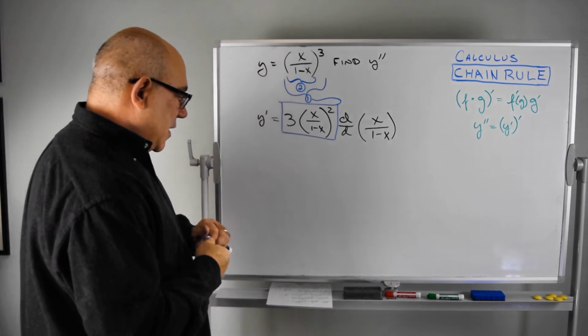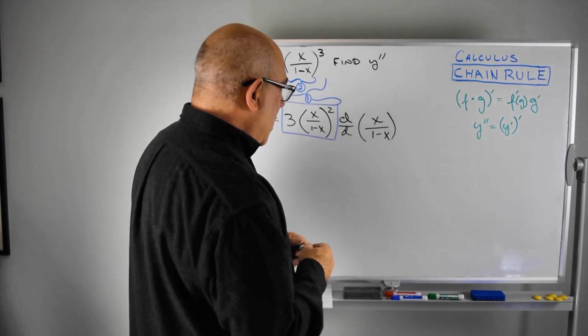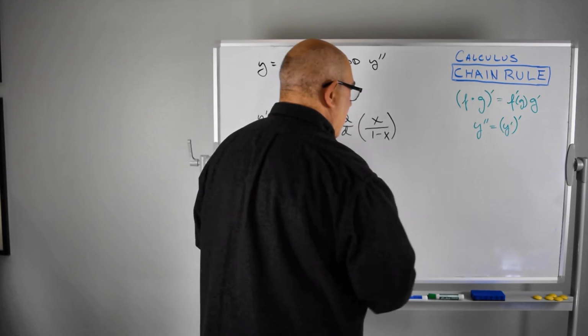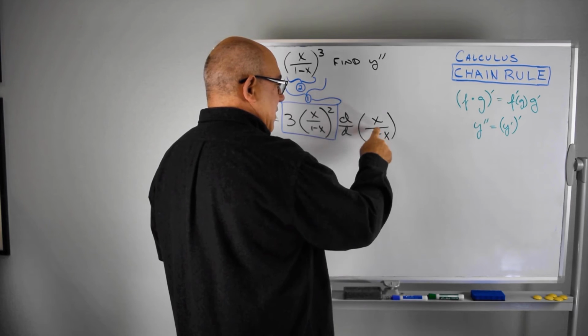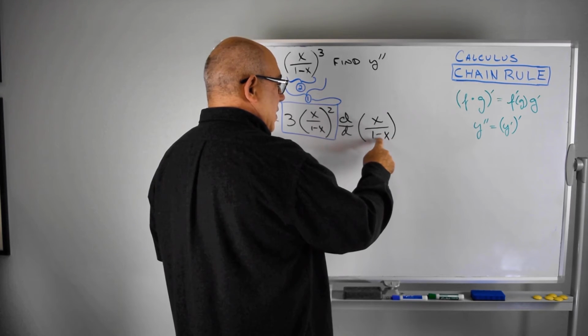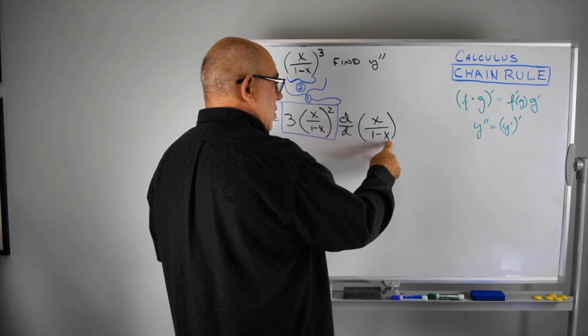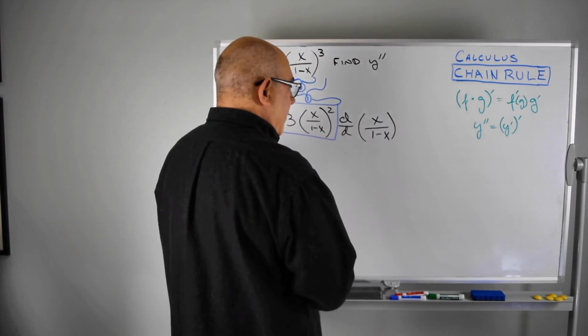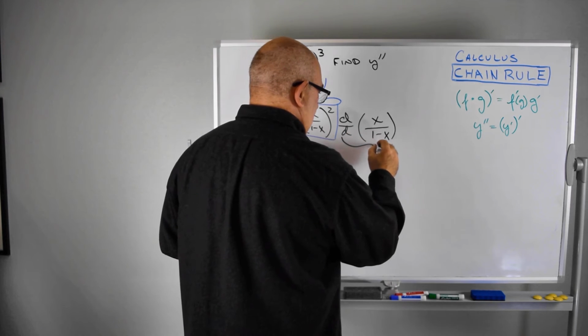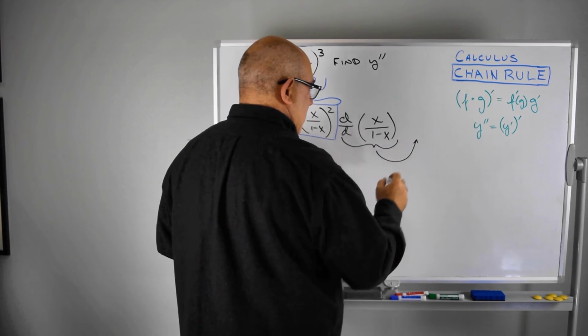All right, so let's work on this one. And so the quotient rule, as we know, we're going to take the derivative of this times this, minus the derivative of this times this, all over this squared. So let's work that out. I'm just going to take this section here and bring it up here and start to work on it.